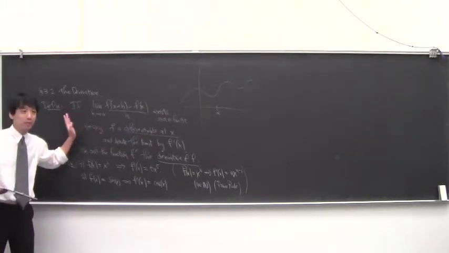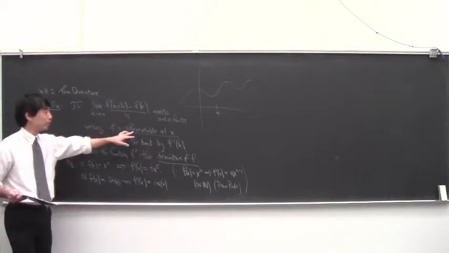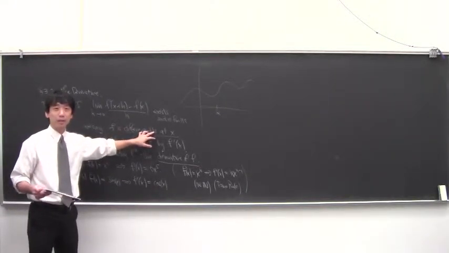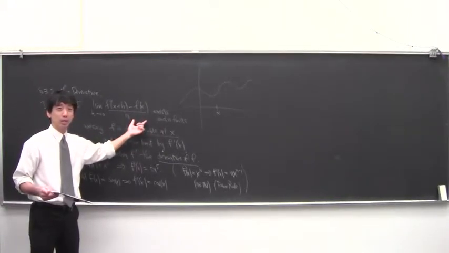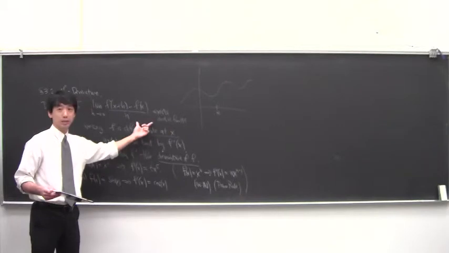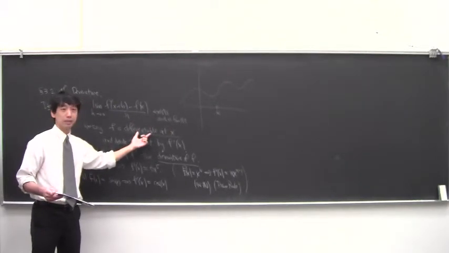So we're just saying the same thing that we said last time, just putting some more formal language on it. If the slopes of the secant lines tend towards a limit, we say the function is differentiable at x.